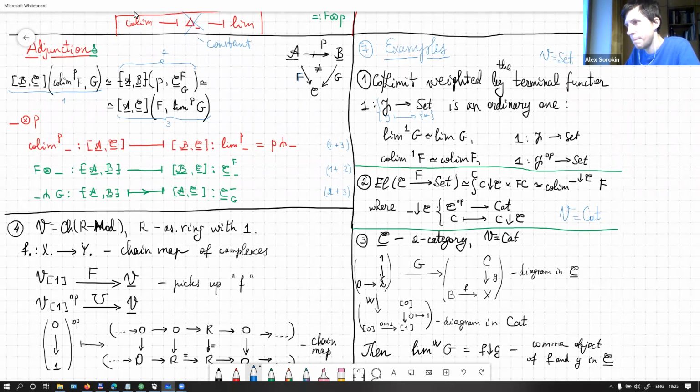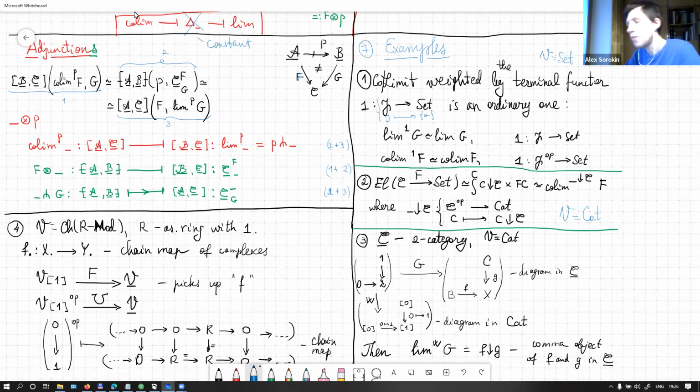Number 3 is the so-called comma object. So suppose C is a 2 category. I will recall that a 2 category is a category whose sets of natural transformations are not just merely sets, but categories themselves. So there are objects, there are functors, and between them are natural transformations, and we have horizontal and vertical composition.